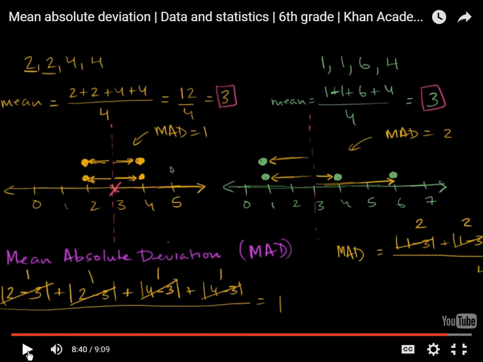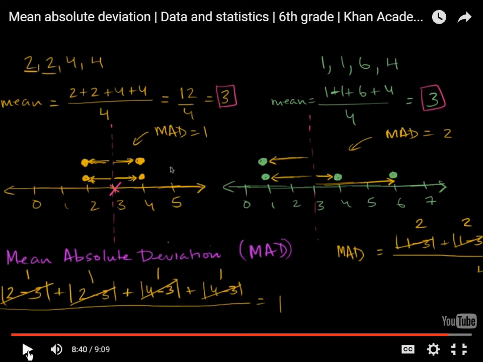Good? Is that all they would want when they ask for this type of question, that the answer would have to give them 1 and 2? Yes, if they ask for the MAD, what are you going to do? Your answer is going to be a single number. But you're going to have to calculate it. How did we calculate it?